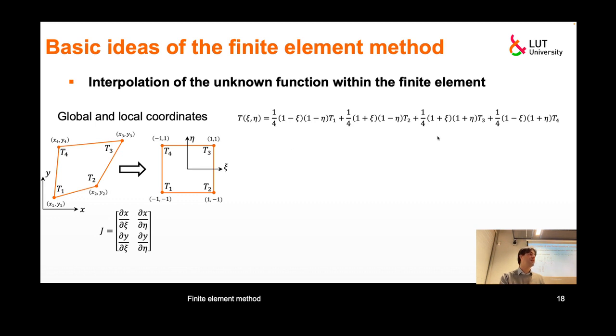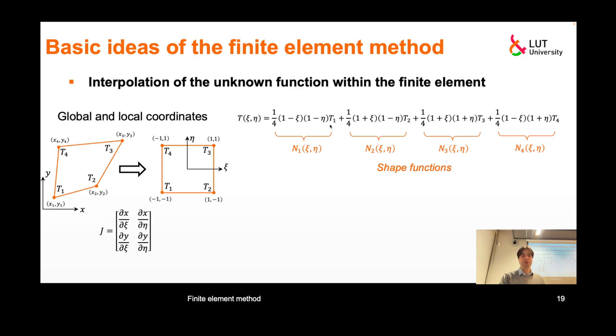It's complicated enough even for this very simple case. It might look a little bit cumbersome, but you get the idea why we are dealing with local coordinates. Because if I try to explain the same simple idea for a general shape of this quadrilateral element with linear boundaries and in a global coordinate framework, it would be much worse. So there is no point in doing that in this case.